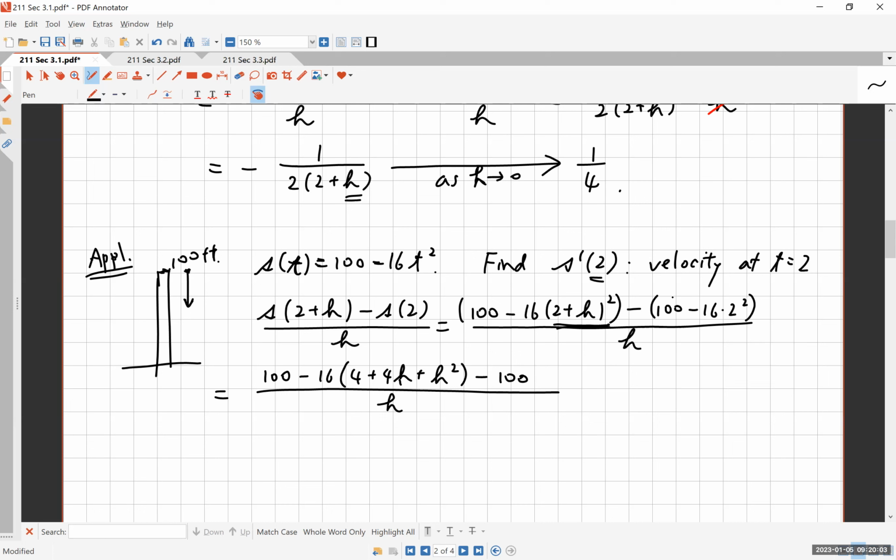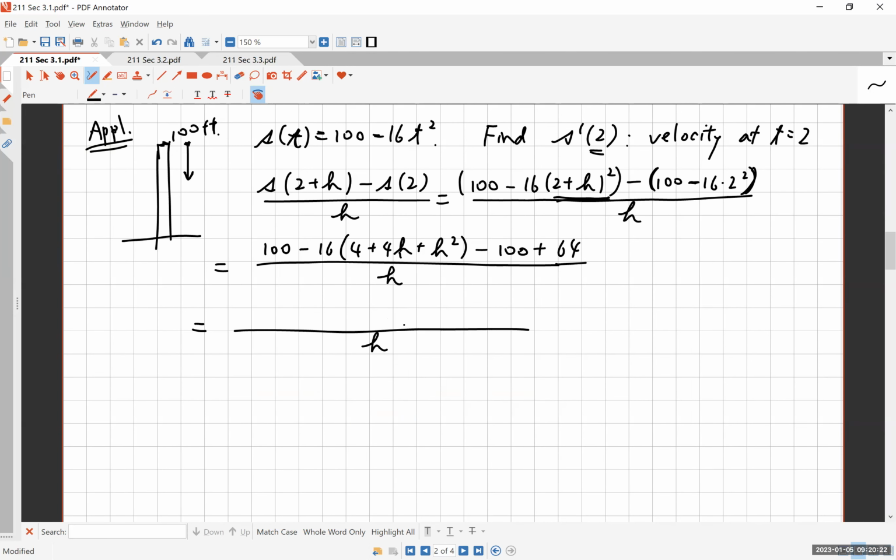And we can take out these parentheses by changing this negative to a plus. Plus 16 times 2 squared. Go ahead and write 64, because that's 16 times 4, which is 64, right? And then that is equal to, again, the long h in the denominator, 100 minus 64 minus 64h minus 16h squared minus 100 plus 64.